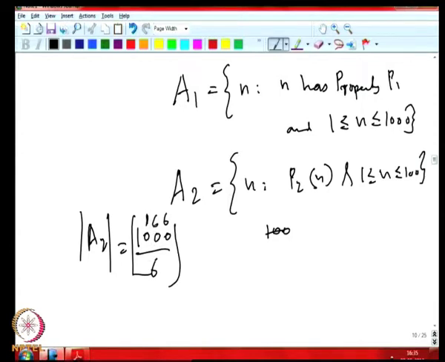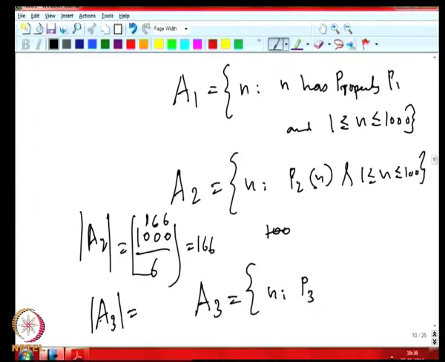And then A3 is the set of numbers between 1 and 1000 which have property P3, namely P3 is defined as the property that n is divisible by 8.